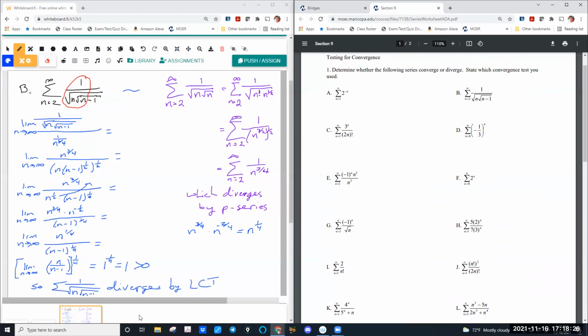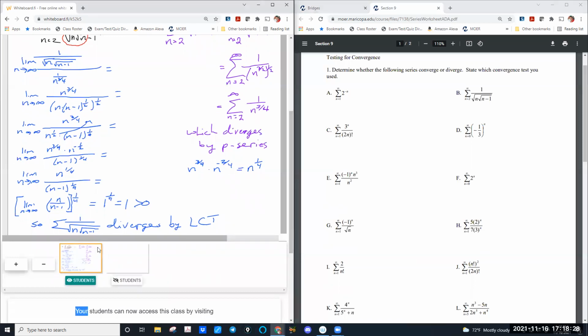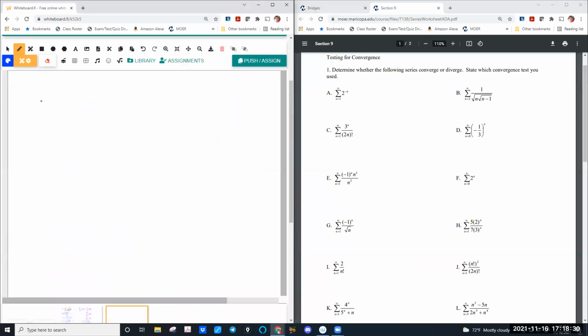So if we're looking at one like A, kind of stealing this one from you, where it is just the series n equals 1 to infinity, 2 to the minus n, well, that is the same as 2 to the minus 1 to the n.